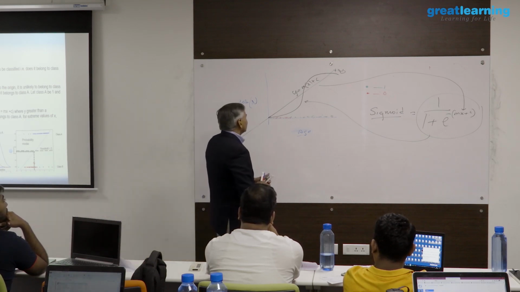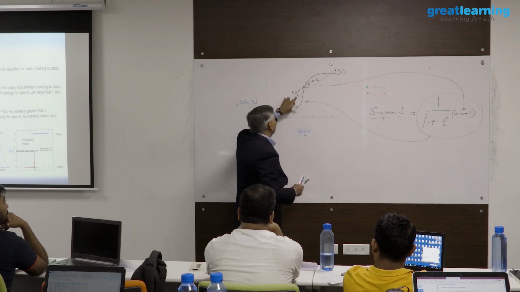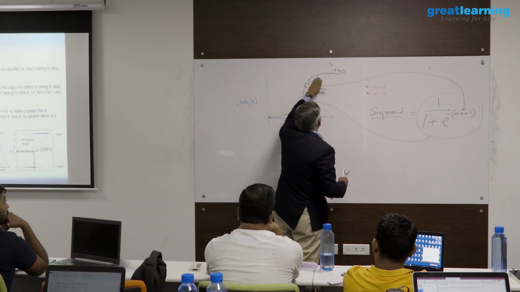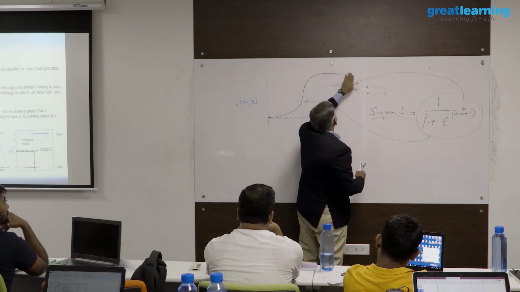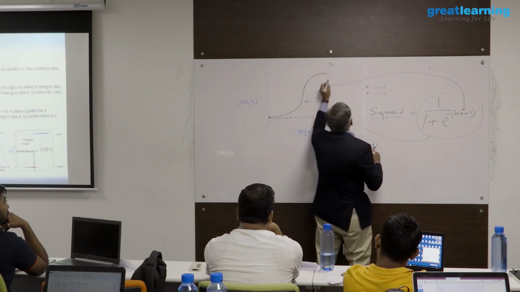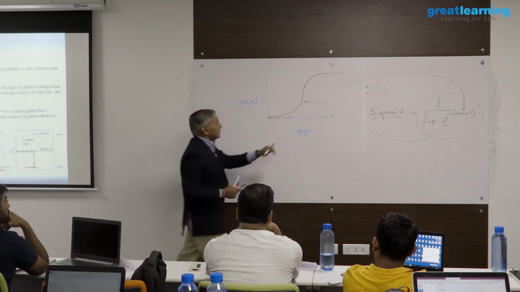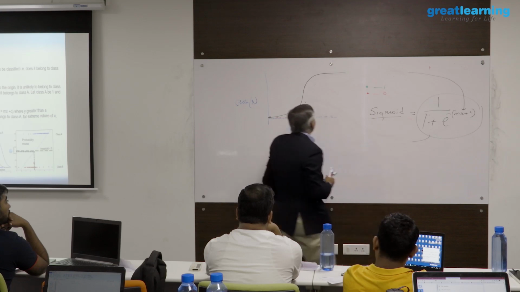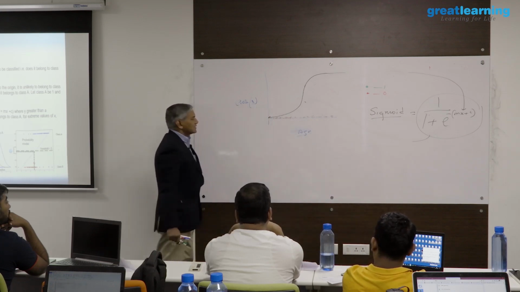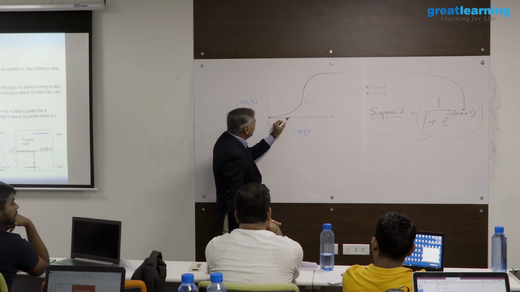Now that I got the sigmoid, I'll remove this line. This is going to infinity. We don't even need this. Now, let's look at what this model is telling you.